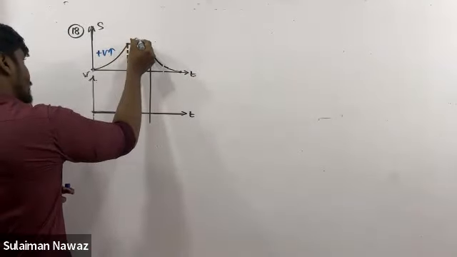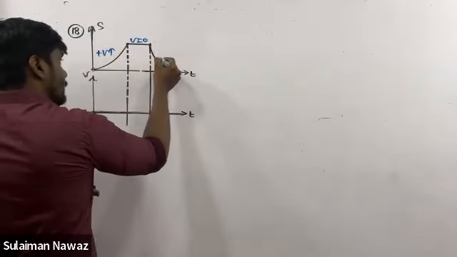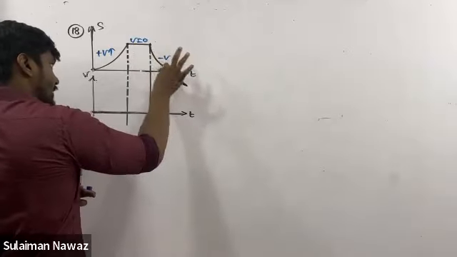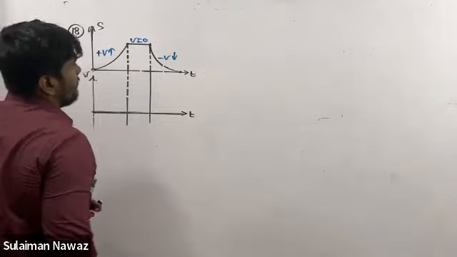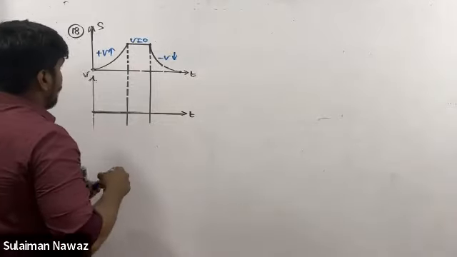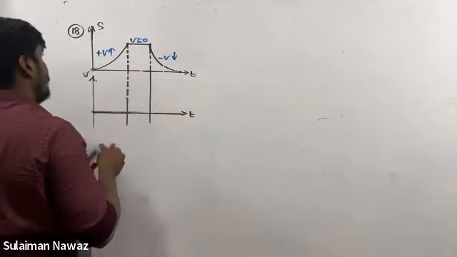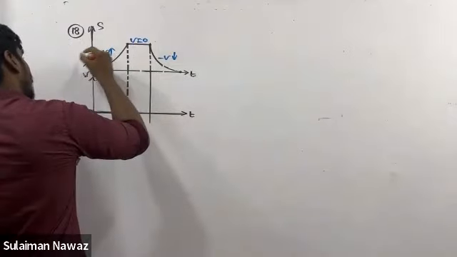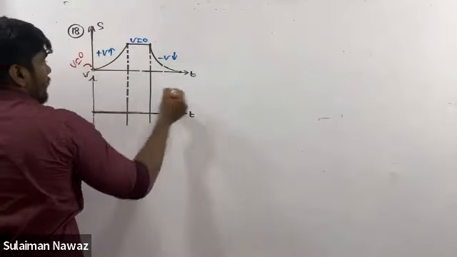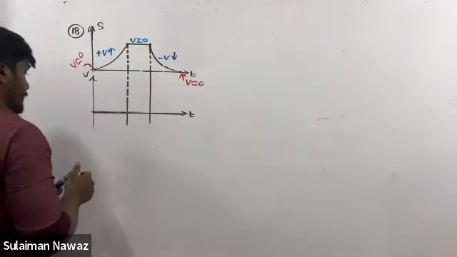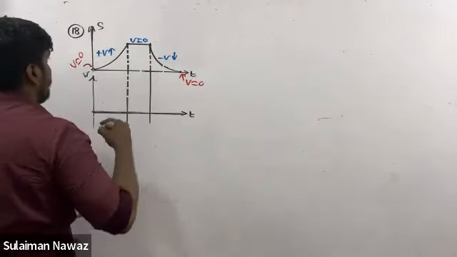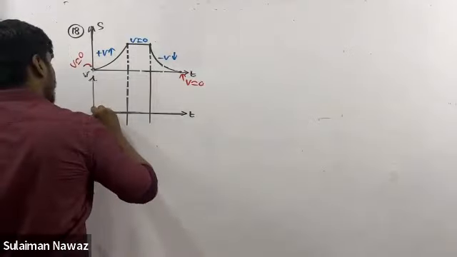Here velocity is 0. Here obtuse angle is increasing. Obtuse angle increasing means negative velocity decreasing. If I draw it, initial velocity is 0, here velocity is 0. Then here also velocity is 0. In that case, positive velocity increasing.